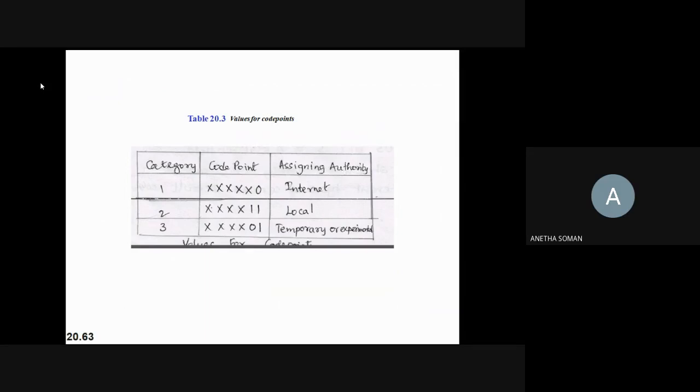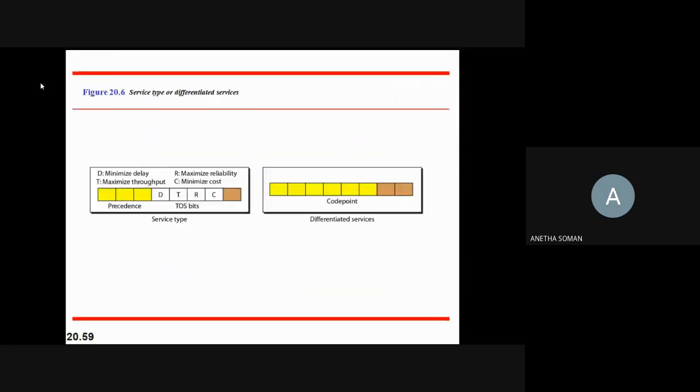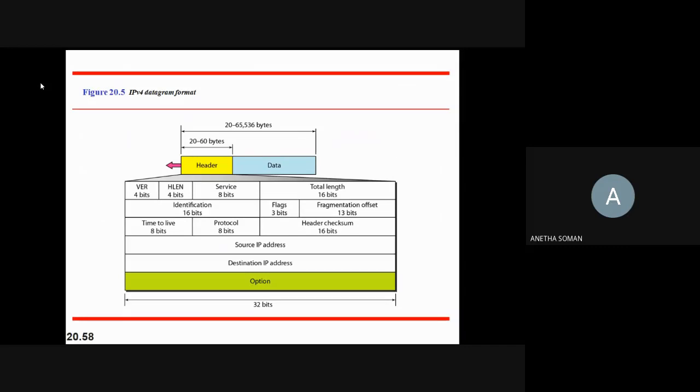So that is the service field, the third field in the header. There are two types of services, service type and differentiated services. Depending upon the value, the IP datagram requests that particular type of service.